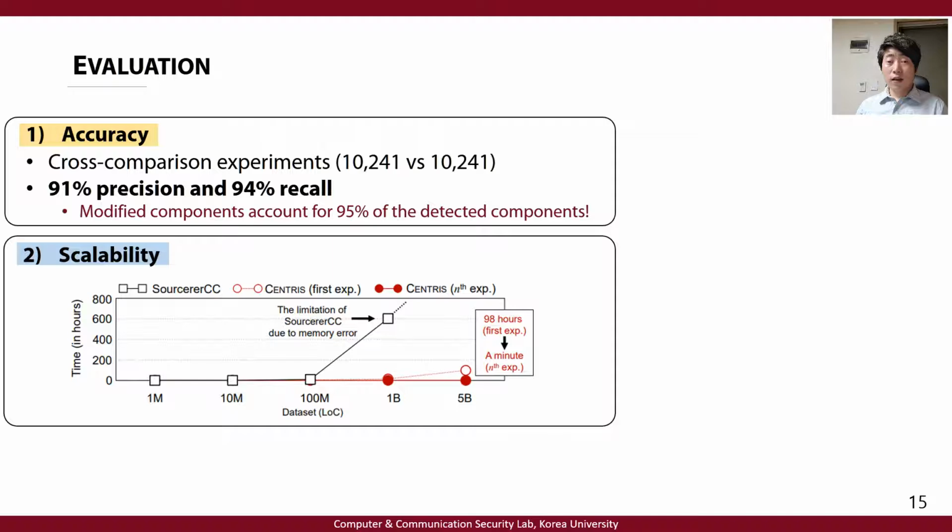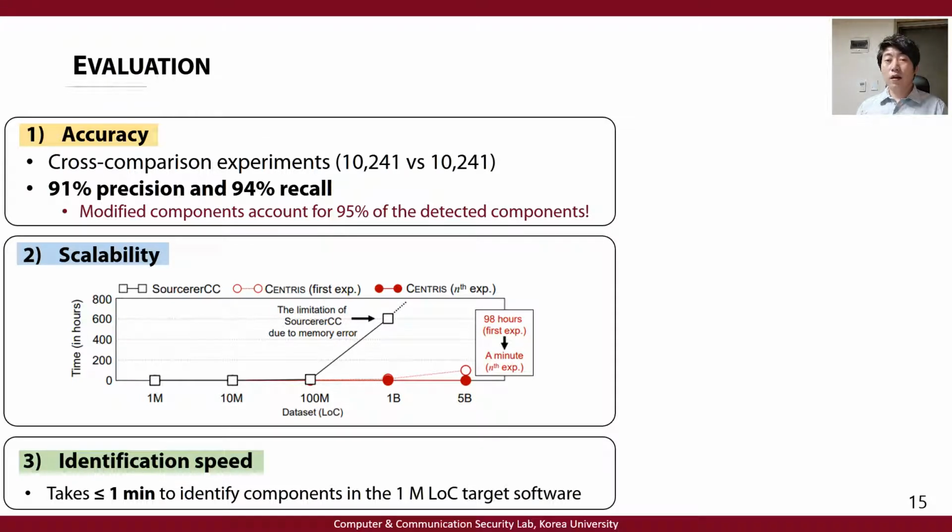Second, even as the dataset increased gradually, the elapsed time for identifying components using CENTRIS did not increase significantly, which shows the high scalability of CENTRIS. Third, we confirm that CENTRIS requires less than 1 minute to identify components in 1 million lines of code target software, which denotes the high identification speed of CENTRIS.